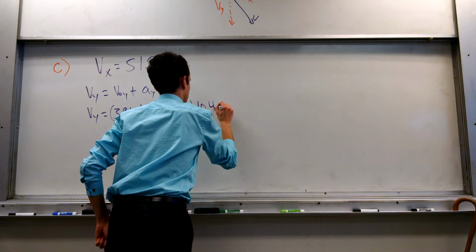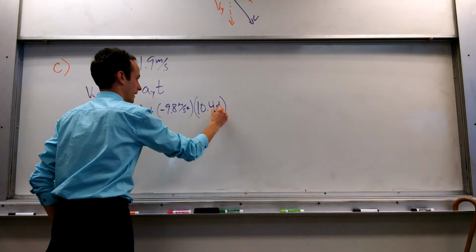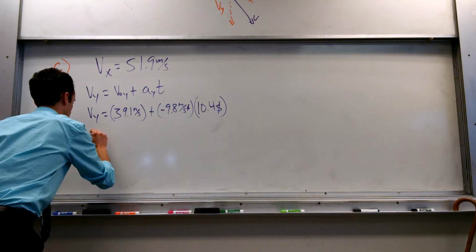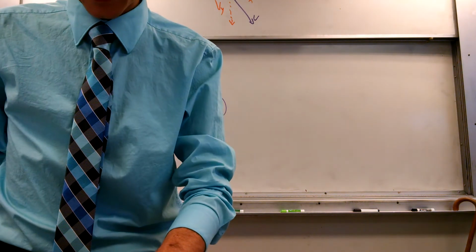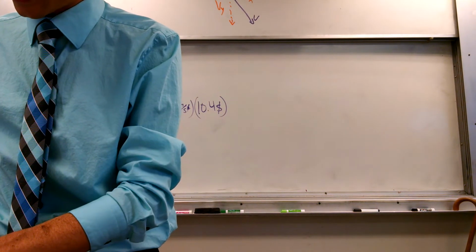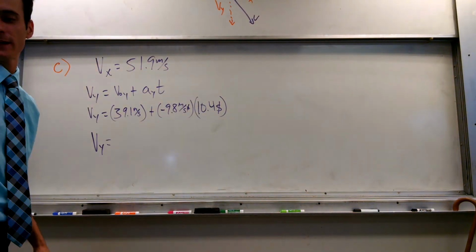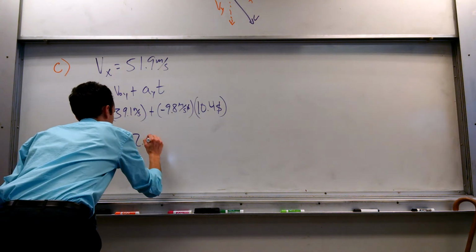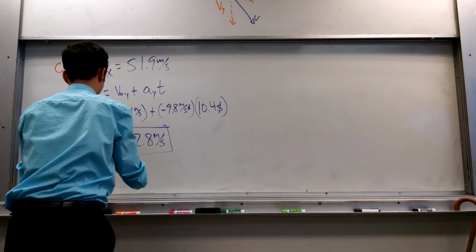The seconds cancels with the seconds squared. You multiply along there, and I get that the velocity along y is negative 62.8 meters per second. So there's my velocity along y.